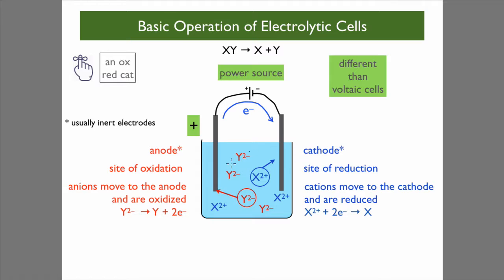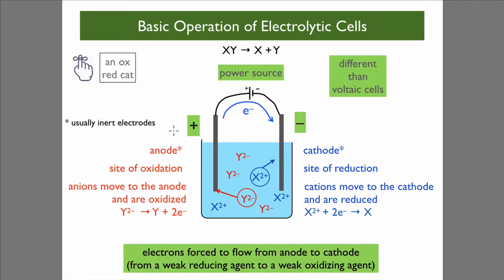Now this is a big difference. The anode in electrolytic cells is positive, cathode is negative, so they're different than voltaic cells. You just have to remember that. The electrons are forced to flow from the anode to the cathode, from a weak reducing agent to a weak oxidizing agent. It is not spontaneous. You need that battery there.